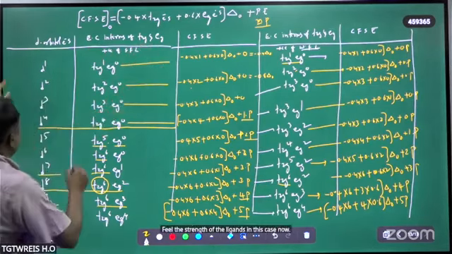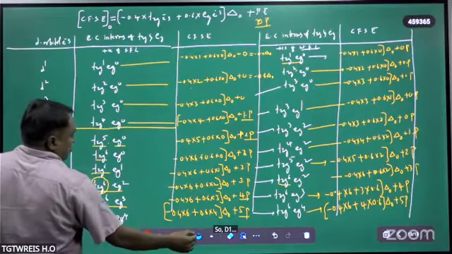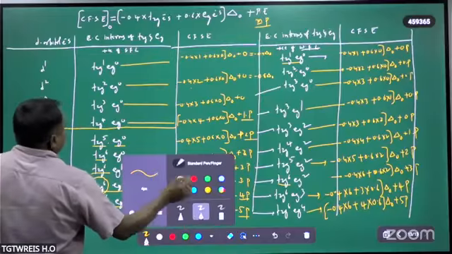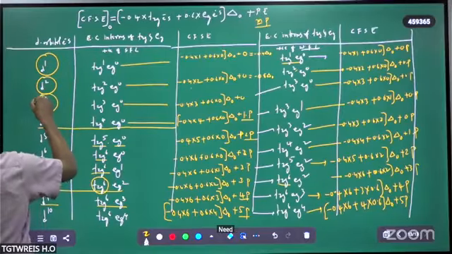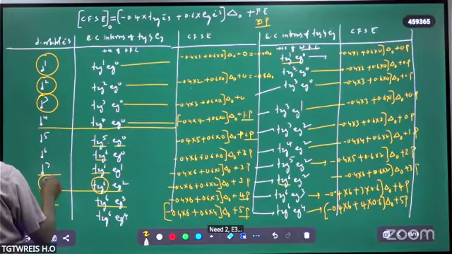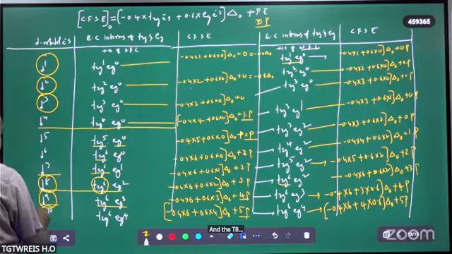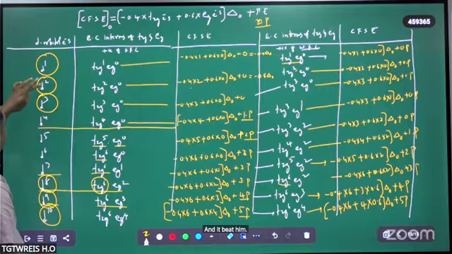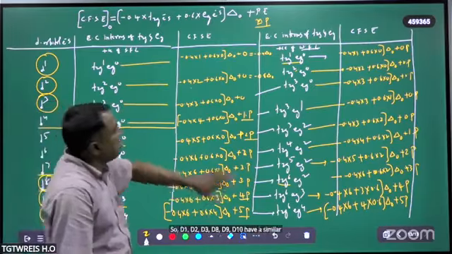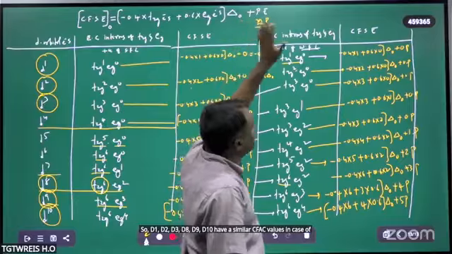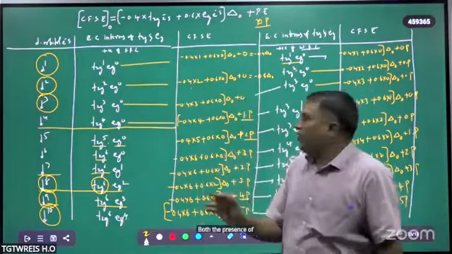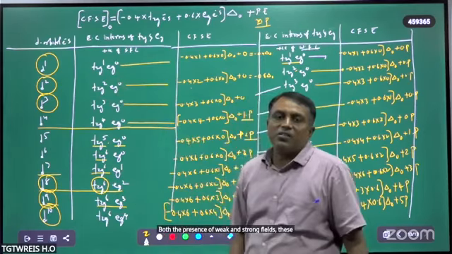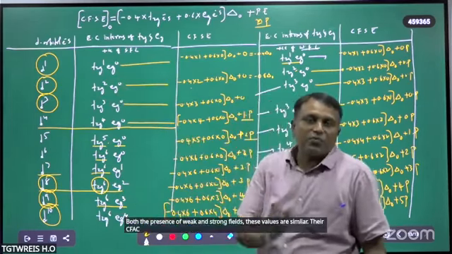So d1, d2, d3 and d8, d9 and d10 have similar CFSE values in both weak field and strong field. In the presence of weak and strong fields, these values are the same.